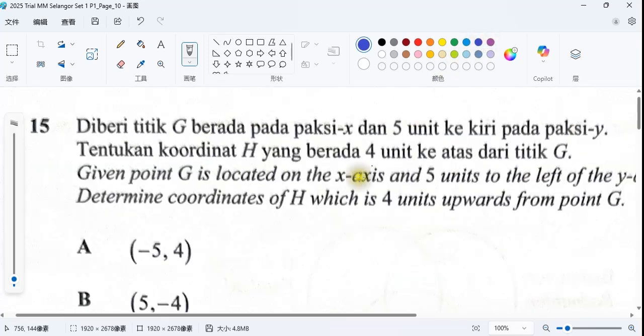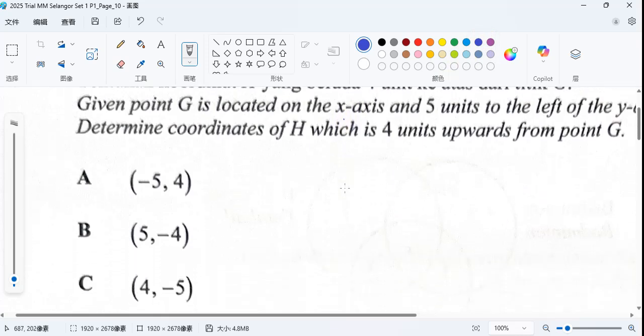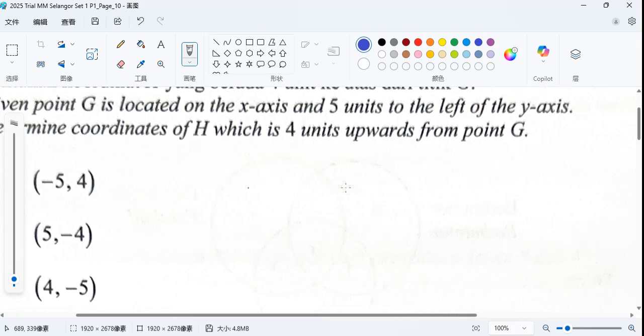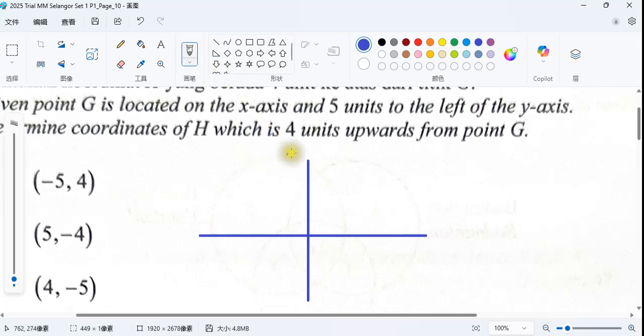Question number 15. Given that point G is located 5 units to the left of the y-axis and 4 on the x-axis. So we have the Cartesian plane here. Okay. So point G is 4 on the x-axis and then 5 units left.